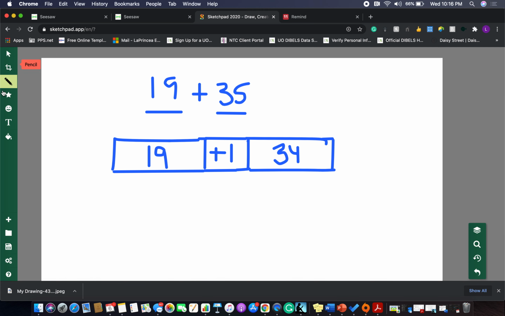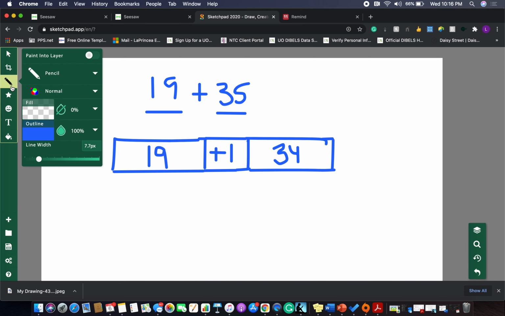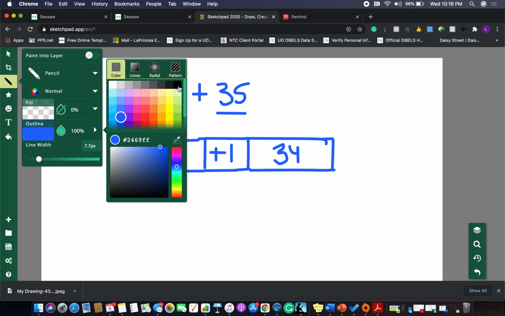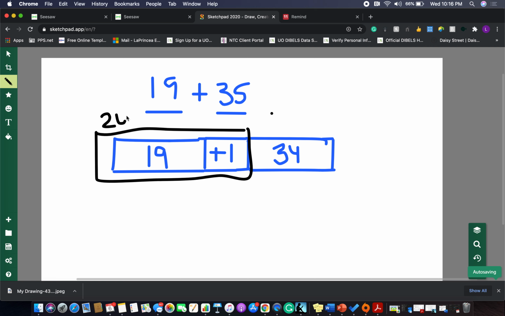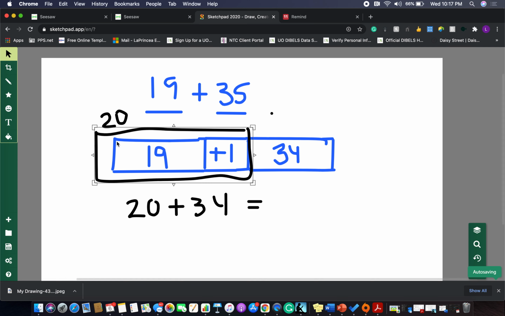And now I'm going to create two equations from this tape diagram that have the same answer. So I'm going to grab this one here. 19 plus 1 is 20. I have 20 and I have 34. Okay, next one.